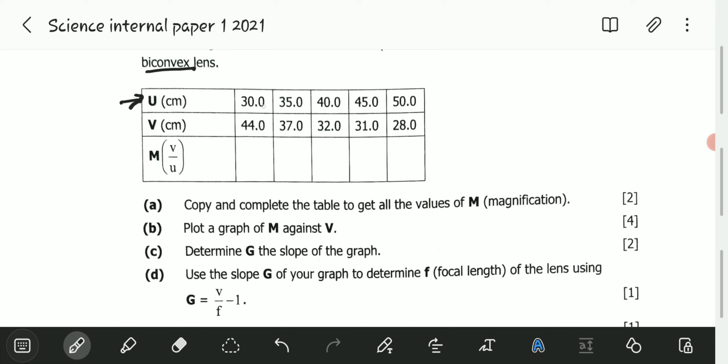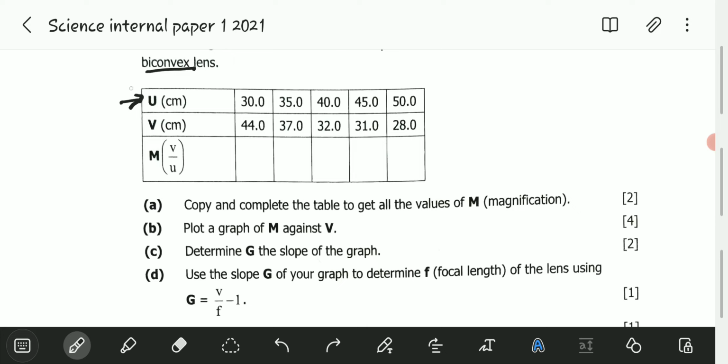If you critically analyze how these values are increasing, they increase every 5 centimeters: from 30 to 35, 5 centimeters, from 35 to 40. This lightens the load that we have, as you will see when it comes to the actual graph plotting.